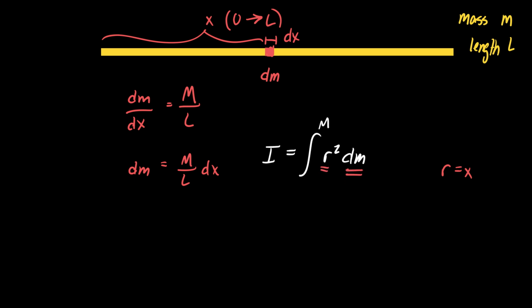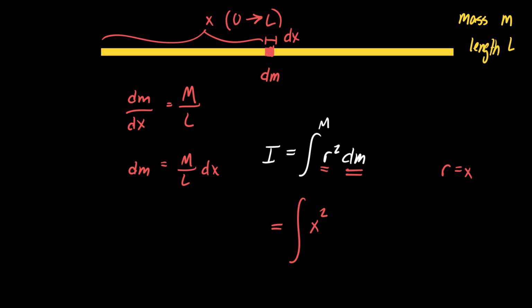We're going to replace all of these things with the stuff we've chosen to describe. So to assemble it, I'm going to replace r with the variable I'm using to point out each piece. That would be x squared. I'm going to replace dm with something that has to do with the object's size, not its mass.